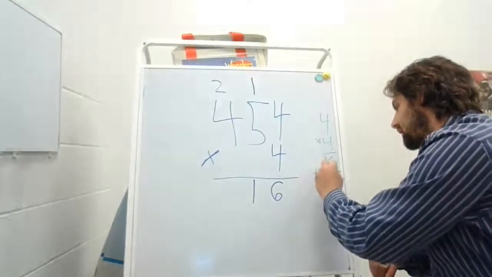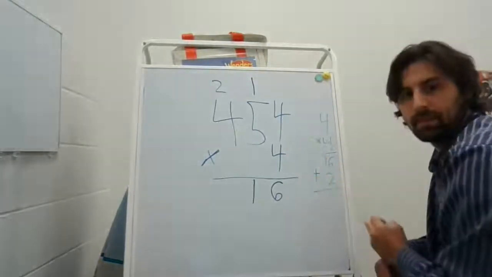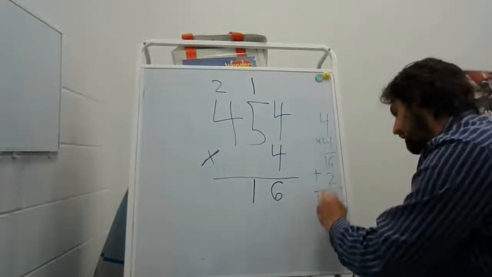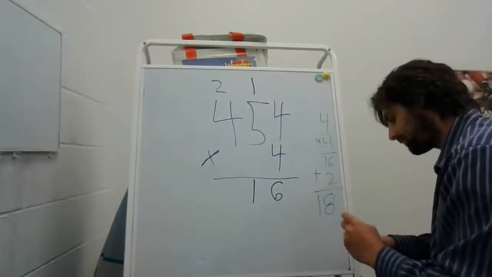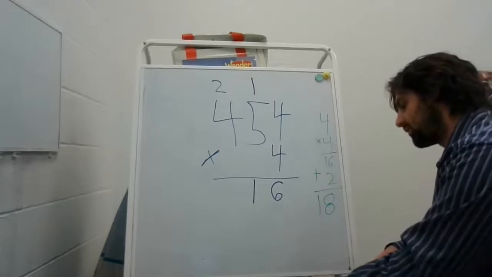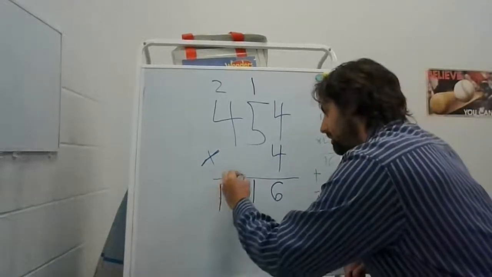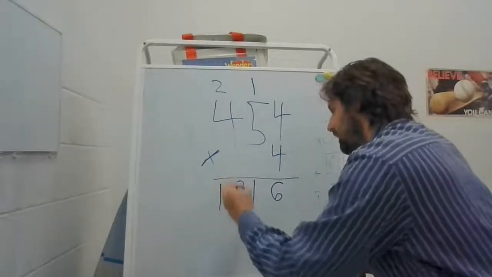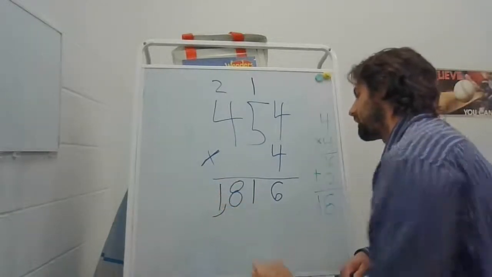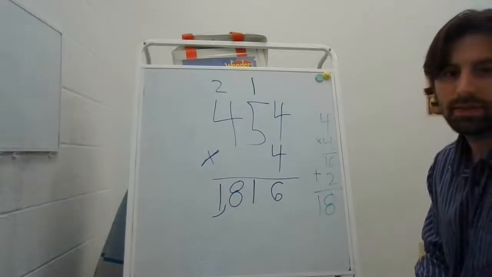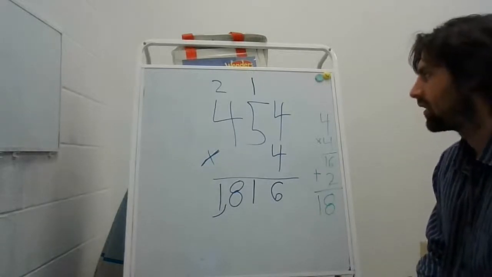So 16 plus 2 equals 18. No place to carry any more numbers over, so we're going to put the 1 and the 8 in the spot. And we have our answer, 1,816.